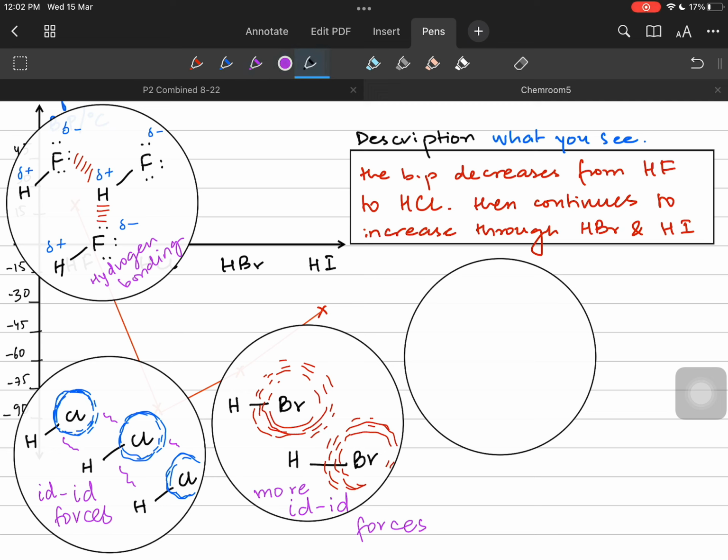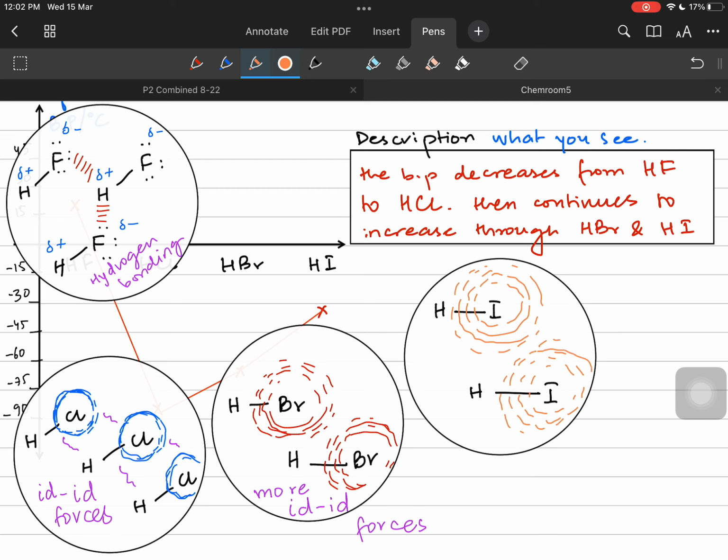When we talk about HI, it has an even bigger atom, which is iodine. Iodine is in the 5th period. It has 5 electronic shells. So there are more electrons around iodine than even bromine. The electron cloud is really big, so you can say more total electrons, and as a result, more ID forces.